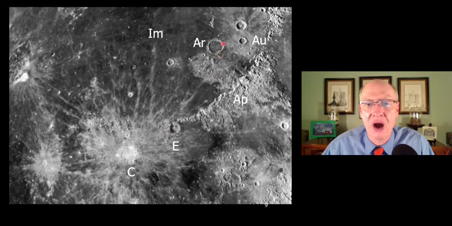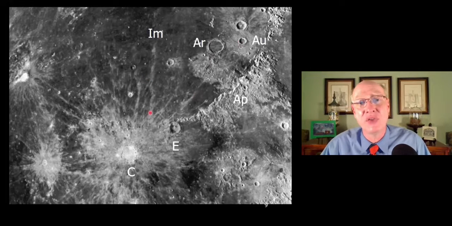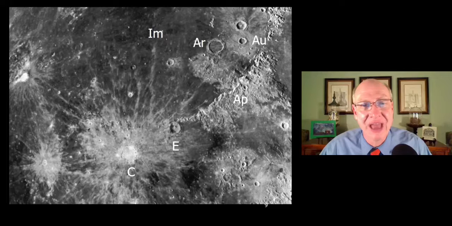We've got the crater Archimedes right here, and another crater, Autolycus, right here. And then we've got the lava that flowed into the giant basin, the dark-colored basaltic lava that's almost black in color, flowed all the way up to the mountains here, covers the region down here. We're going to mark that with the letters IM.